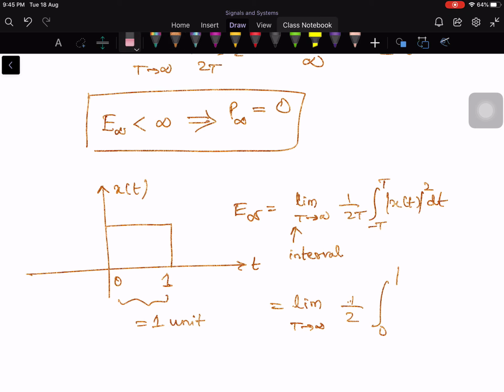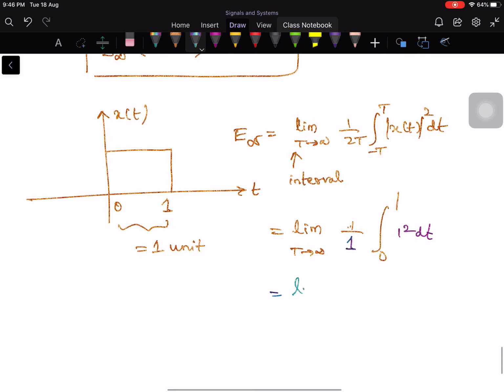So this is not 2T, that is going to be 1. Integral from 0 to 1, x squared of t, 1 squared times dt. Limit T goes to infinity, 1 by 1 is 1, 0 to 1 times dt.